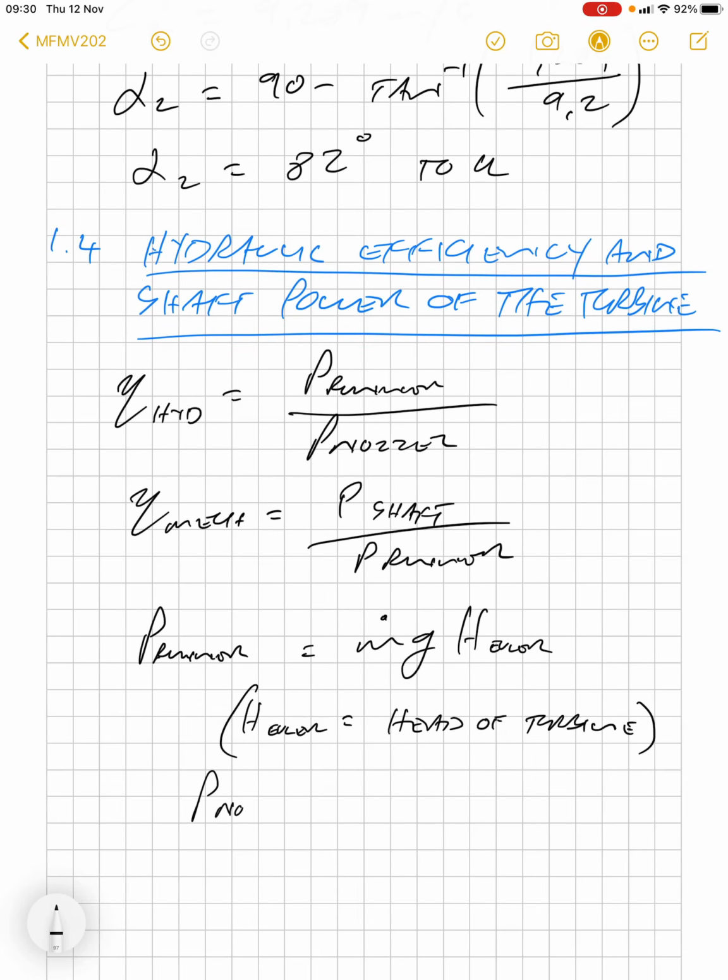So the power at the nozzle is a half mc1 squared. That's kinetic energy.